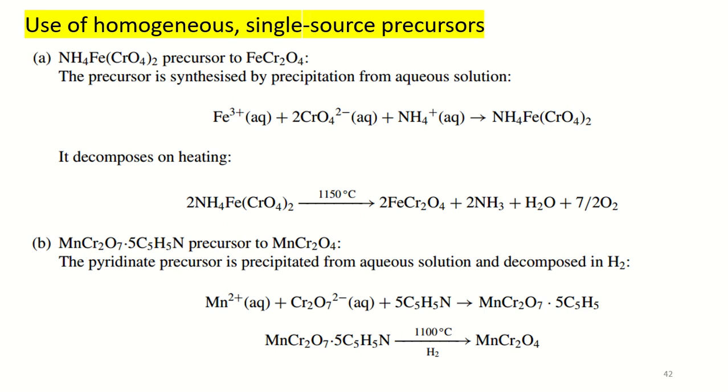This precursor should not be particularly stable, and on heating it decomposes to give the desired product. This method suffers from the limitation that it is necessary to find a single-source precursor that has the same cation ratio as the desired product phase.